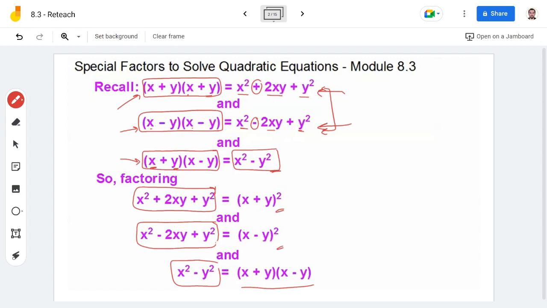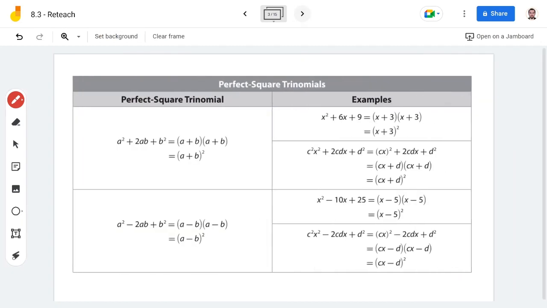Because x plus y and x plus y can be written as x plus y squared, and this one can also be written as x minus y squared. So that's what you see here. Now, let's start.